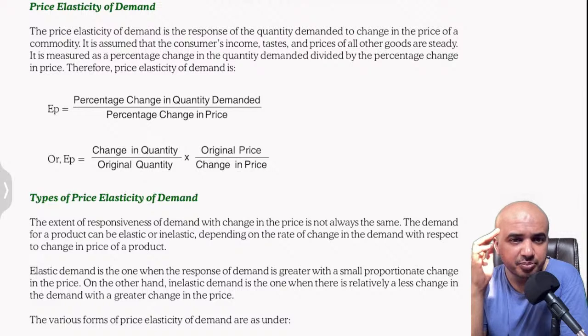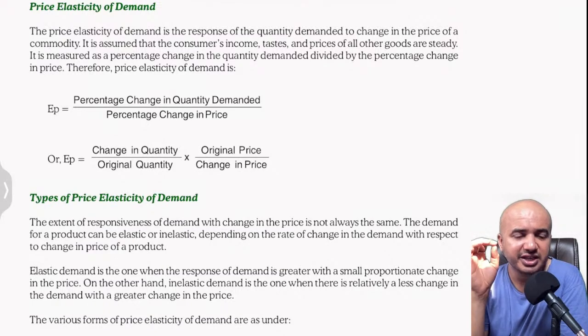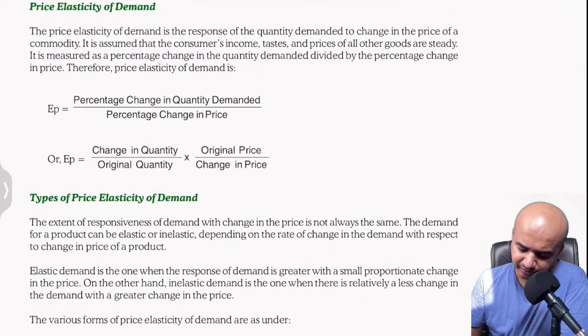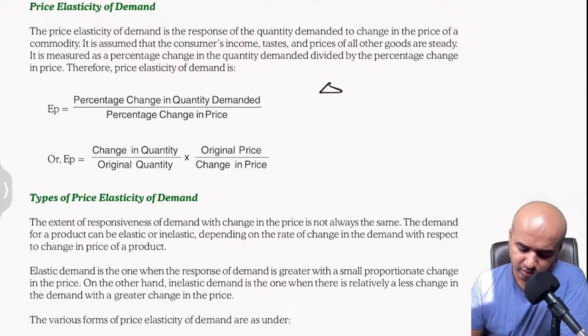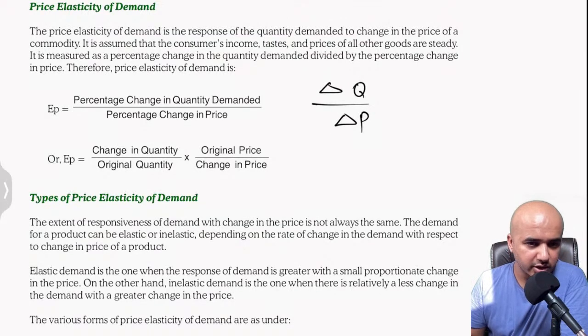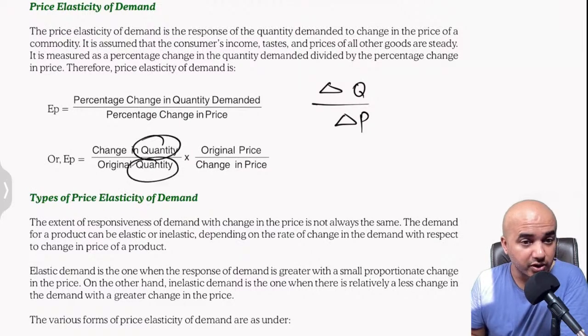It is measured as a percentage change in the quantity demanded divided by percentage change in price. Again, we can say delta. Delta is only referring to change in the quantity demanded. So now delta Q, delta P, or you can also write it this way: change in quantity by original quantity.